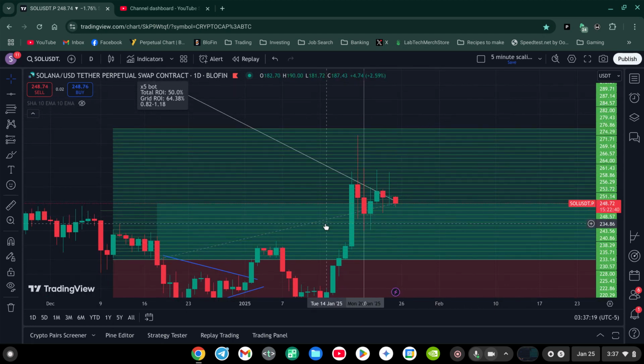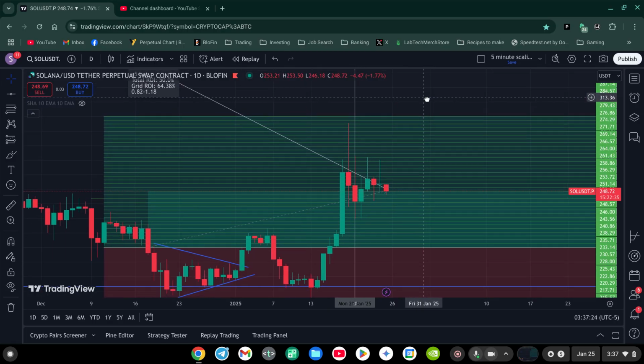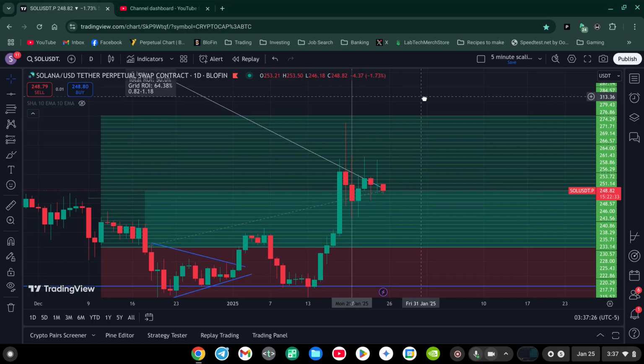So even with relatively low levels of leverage like this, it's still, in my opinion, considerably better to do it this way than with spot trading.